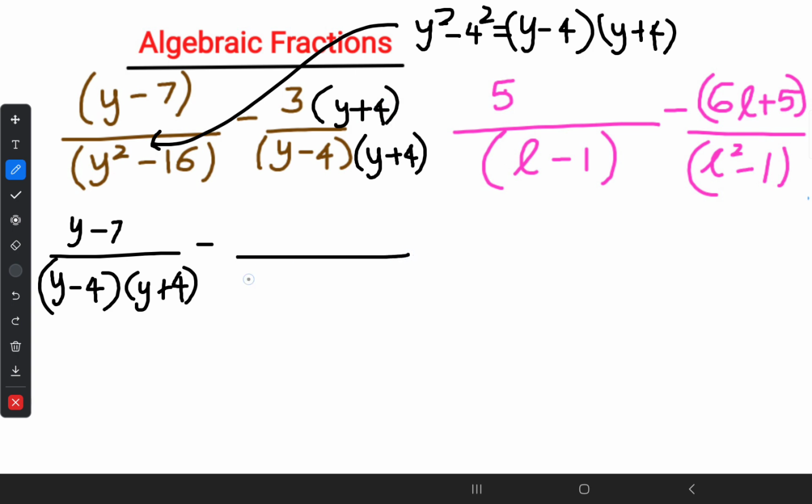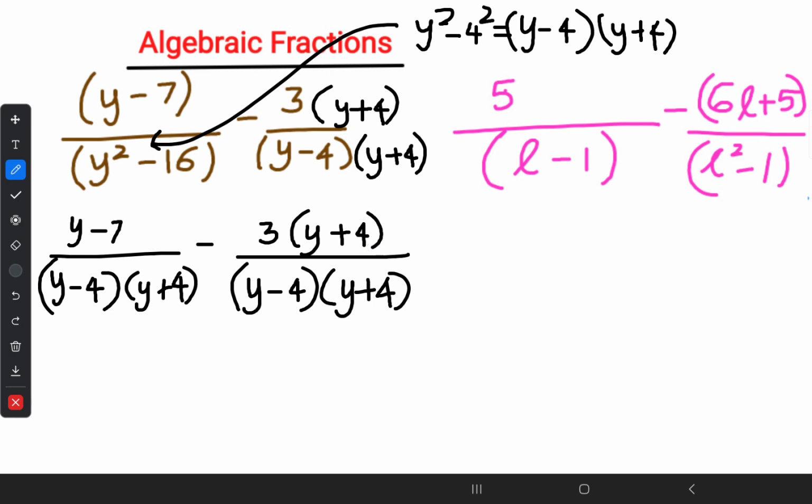Thereafter, it will become y minus 4 times y plus 4, and 3 times y plus 4 in the numerator as well. Then I'll do the operation between the numerators, y minus 7, and it will become negative 3 times y, negative 3y, negative 3 times positive 4, which is negative 12.